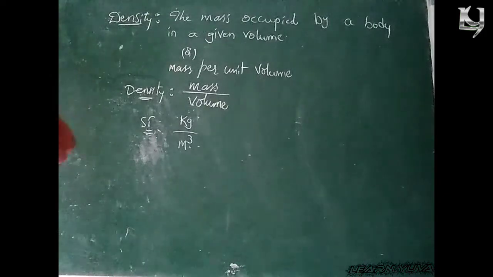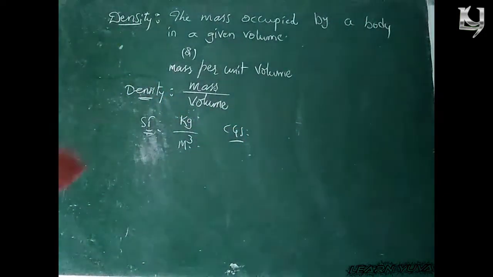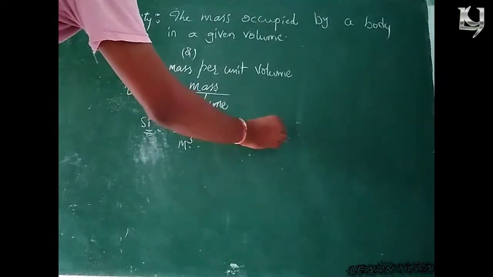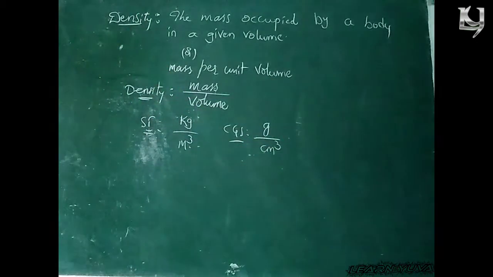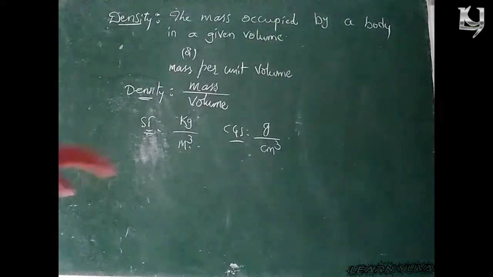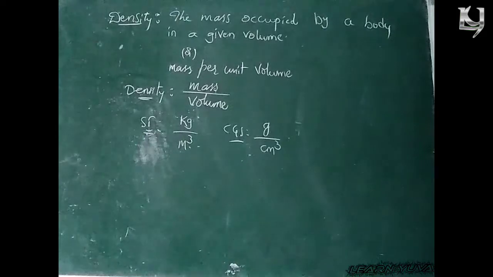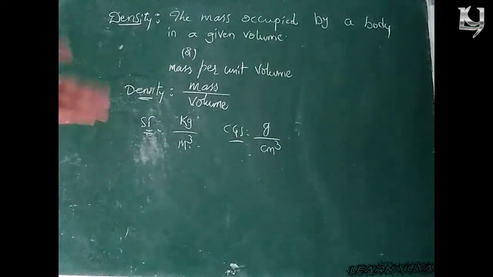And coming to the CGS, the CGS unit of mass is gram, volume is centimeter cube, so gram by centimeter cube. Here, the mass can be measured by using a physical balance. We have spring balance, physical balance, beam balance, etc. Of course, the mass can be measured accurately by using a physical balance, right?